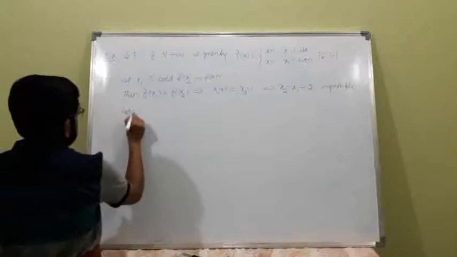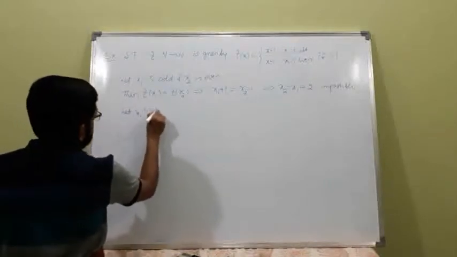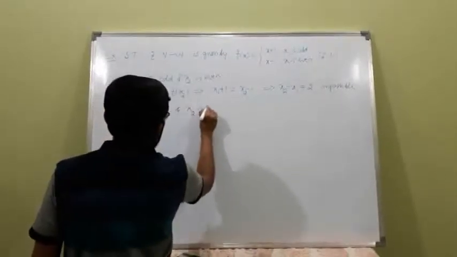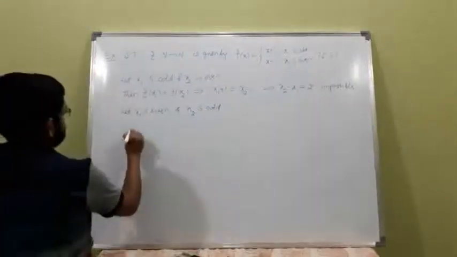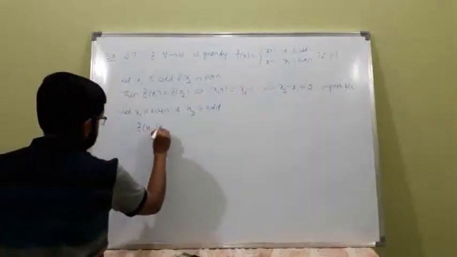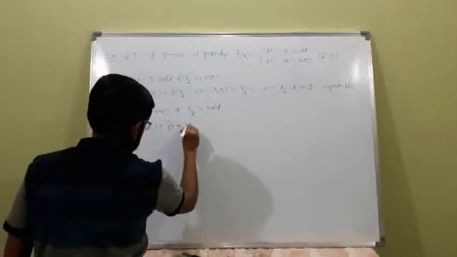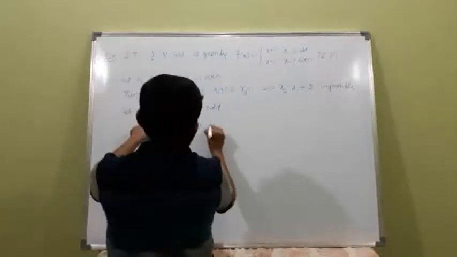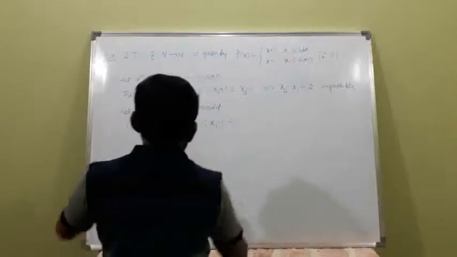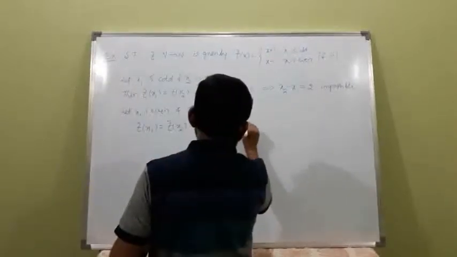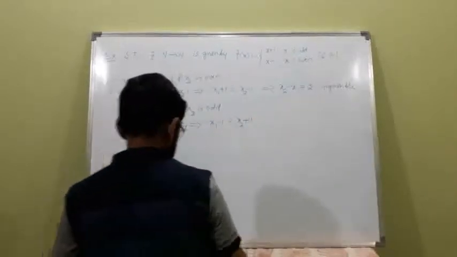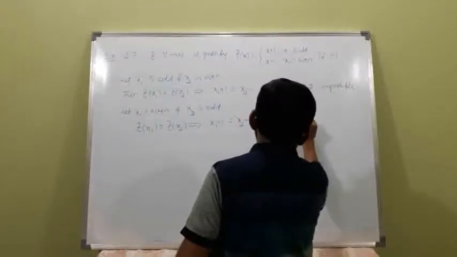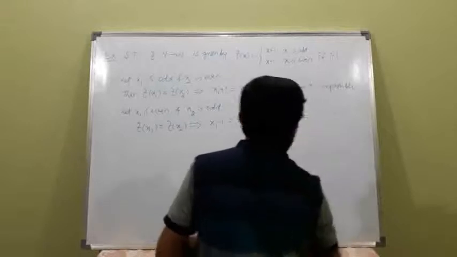Let x1 be even and x2 be odd. Similarly, f(x1) is equal to, when x1 is even, x1 minus 1, x2 is odd means x2 plus 1. So this implies x1 minus x2 is equal to 2. This is also wrong.